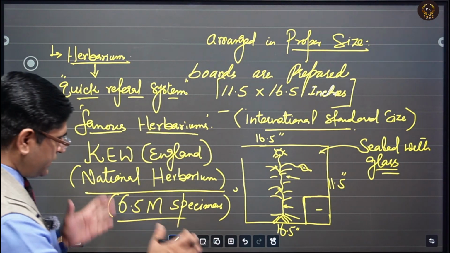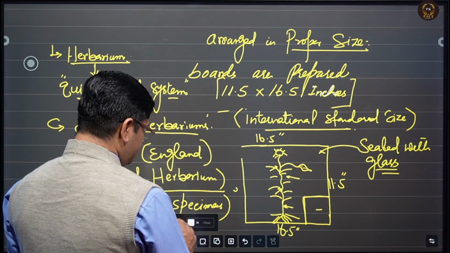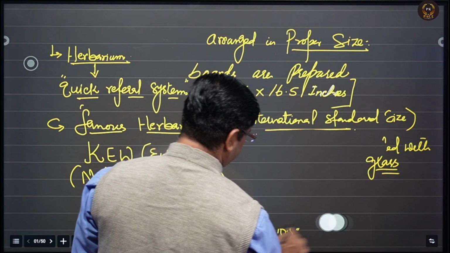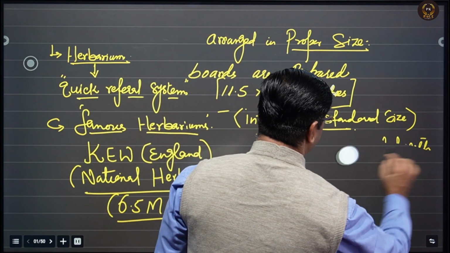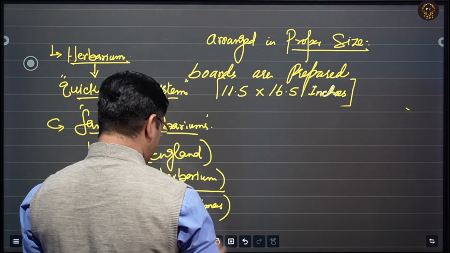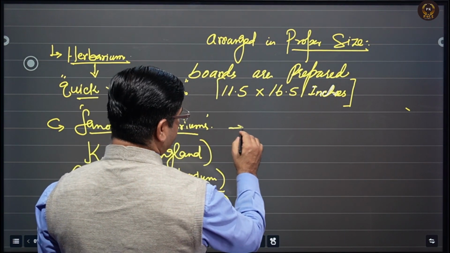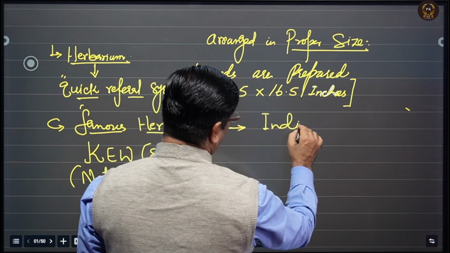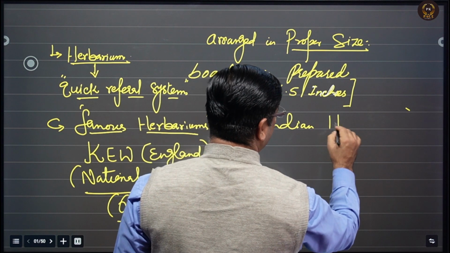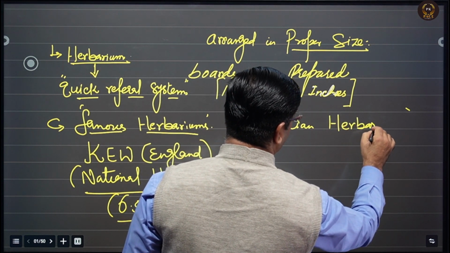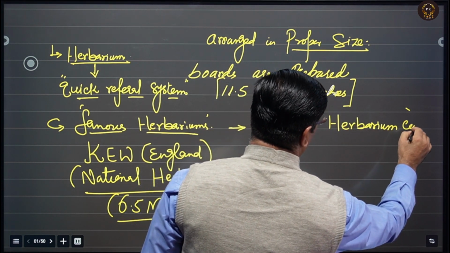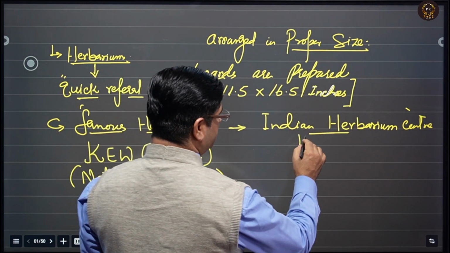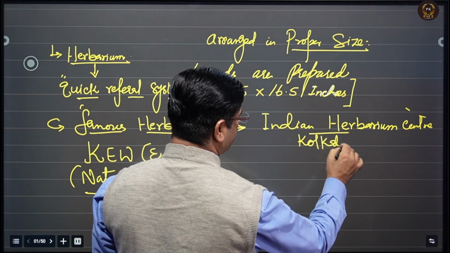Similarly, in India also there are various herbarium centers where different specimens are preserved. There is the Indian Herbarium Center, which is located in Kolkata.